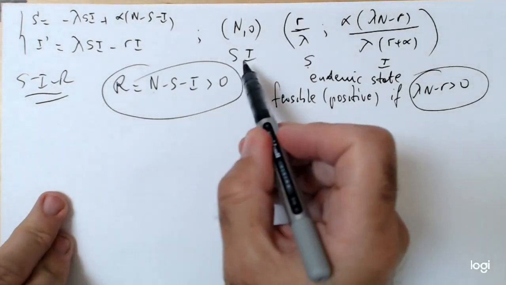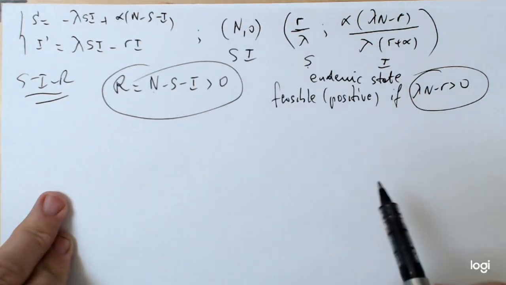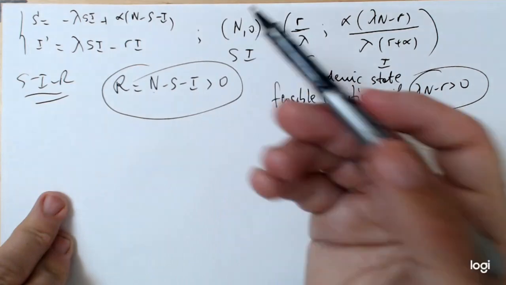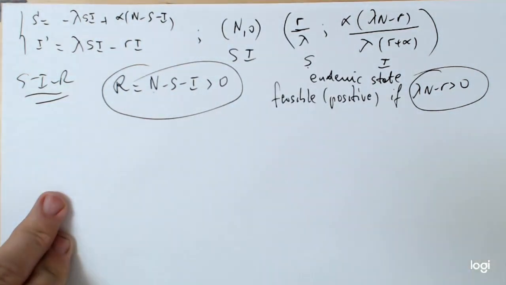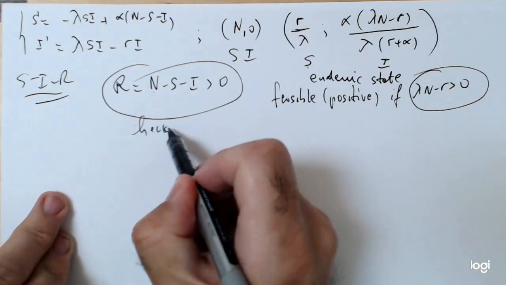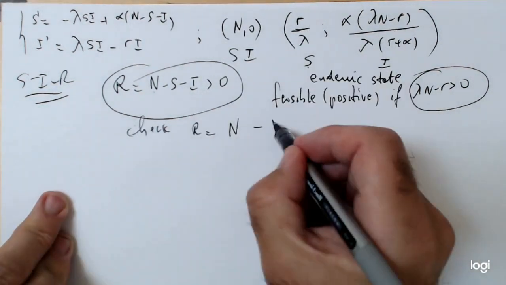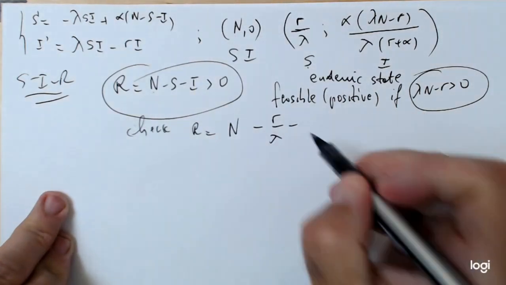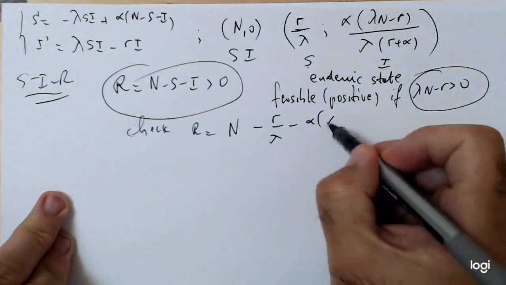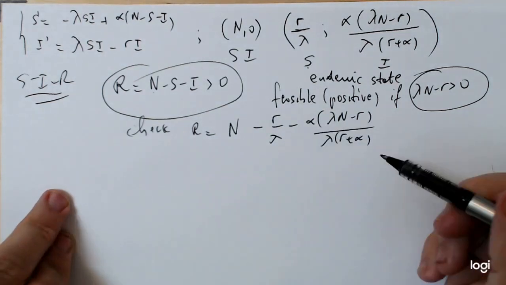Because in that case, you have N minus N, which is 0, so that's fine. The recovery class is also 0 if everybody is susceptible. But here you'll have to also check for the endemic case whether R at the equilibrium value, which is N minus S, which is R over lambda, minus alpha times (lambda N minus R) over lambda times (R plus alpha), is positive or not.